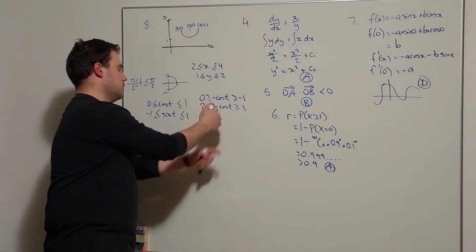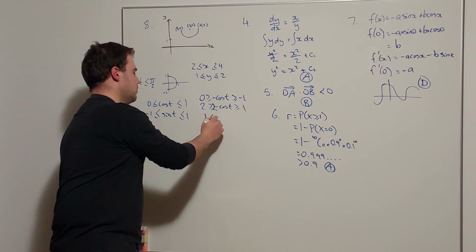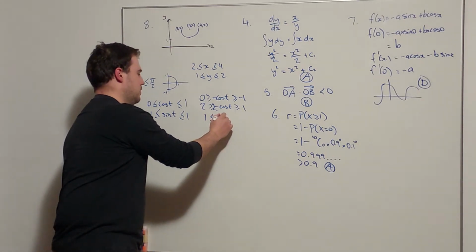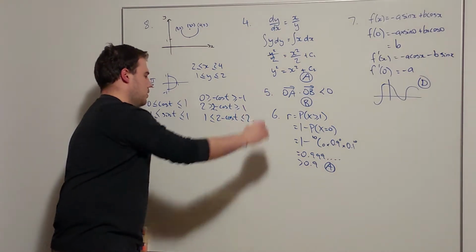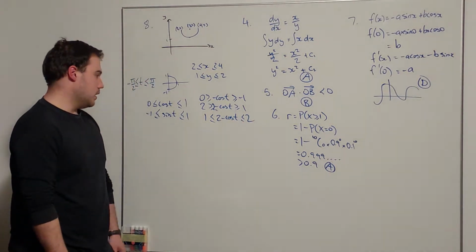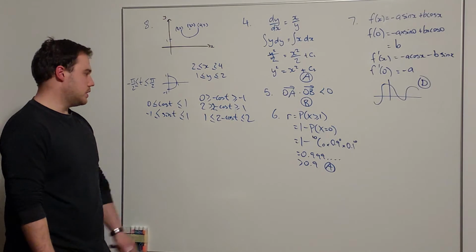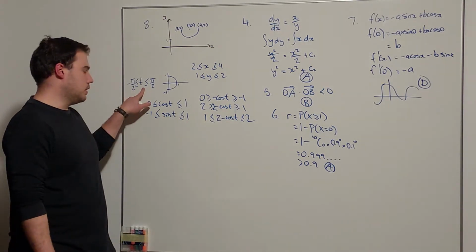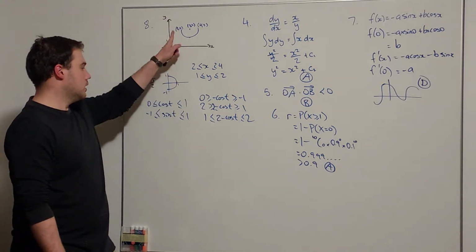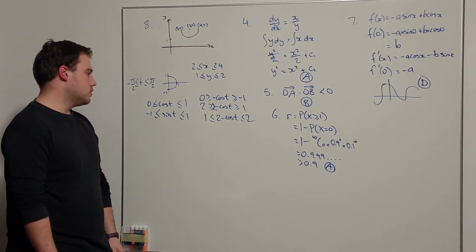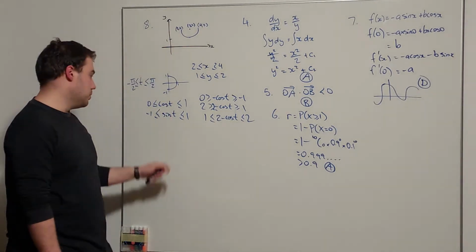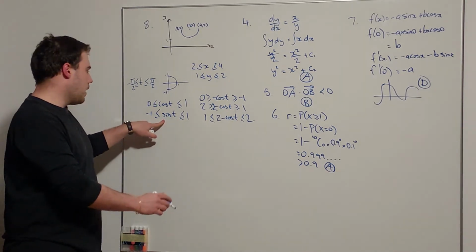And then just writing them in the other order, in the order of the number line, we're going to get 2 minus cos t for values of t in between here and here will give us values in between 1 and 2. Likewise, you can do a similar manipulation here.